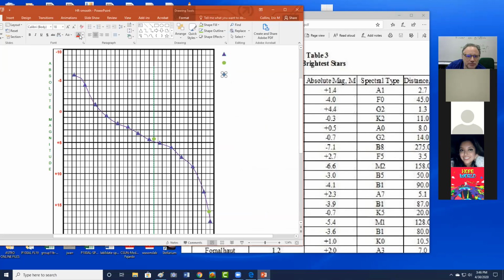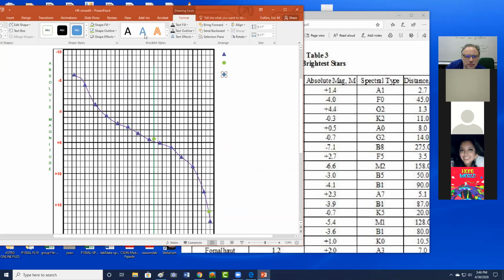Okay, so, we have a red star up here. And you'll want to put a legend here as to which ones you're using.